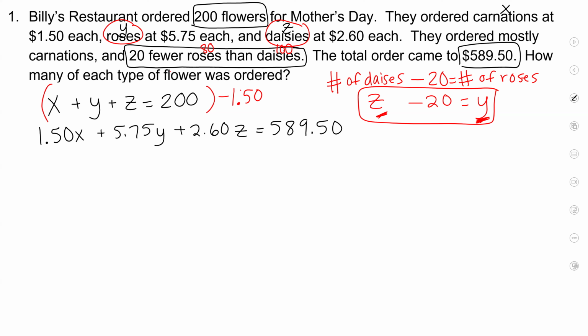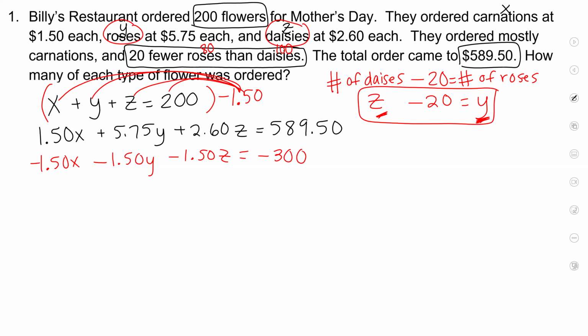So this times that, we get negative 1.50x, negative 1.50y, negative 1.50z, negative, what do we get? 300. $200 times negative 1.50 is negative 300.